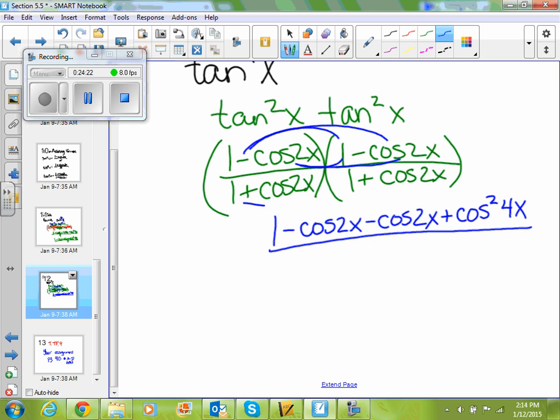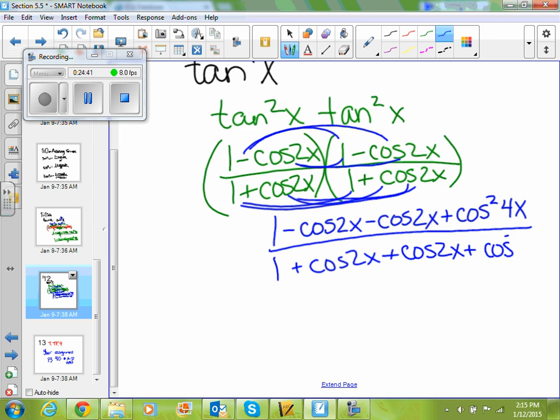And we'll do the same thing on the bottom. 1 times 1 is 1. Cosine of 2x times 1 is cosine of 2x. Cosine of 2x times 1 is cosine of 2x. And cosine of 2x times cosine of 2x is cosine squared of 4x.